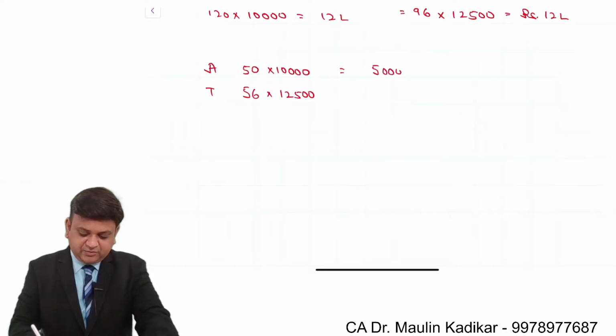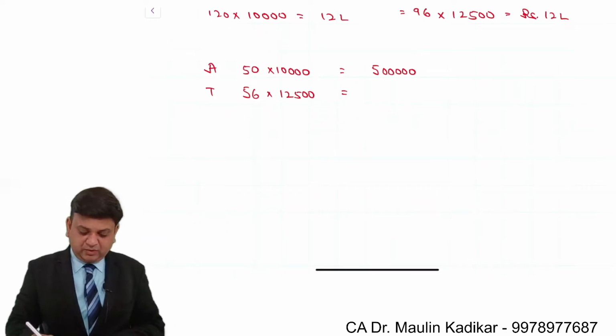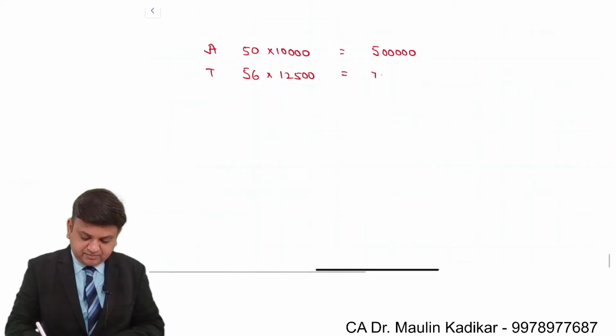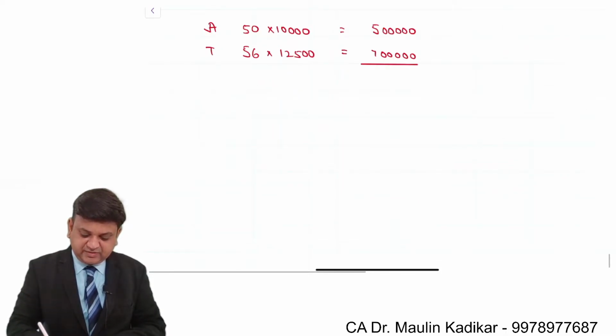So there is a gain of rupees 5 lakhs to the acquiring company, and 56 into 12,500, there is a gain of an amount of 7 lakhs to the target company. This is the way, so there is a total gain of rupees 12 lakhs which is divided between both the companies, to acquiring company and target company.